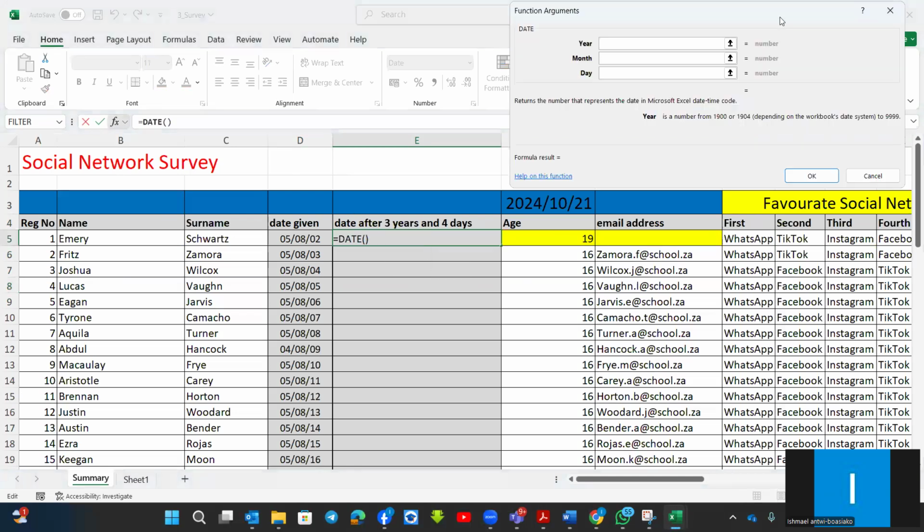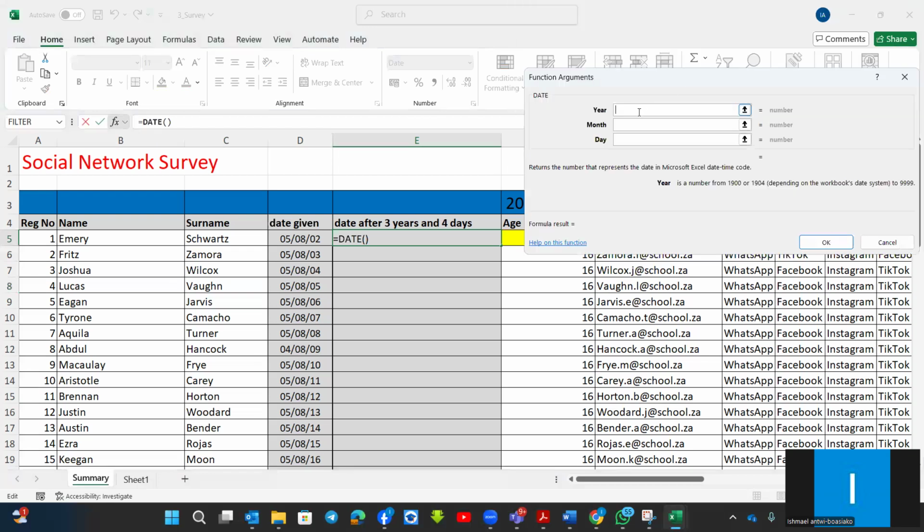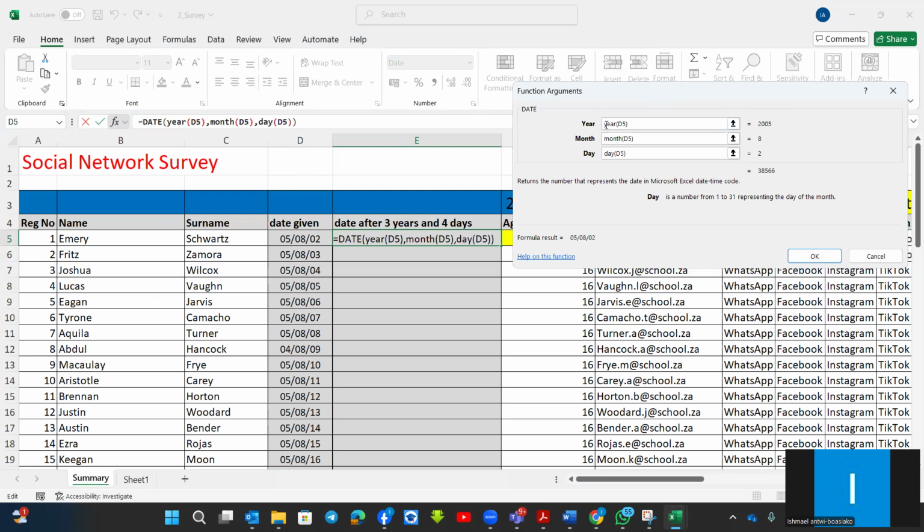You click on fx, and where you see the year, you repeat the year function: YEAR into bracket, the date given to you, and then the MONTH function as well, into bracket, the given date, and then the DAY, into bracket, the given date. When you say the year of the given date, the month of the given date, and the day of the given date, it gives you the same date over there.